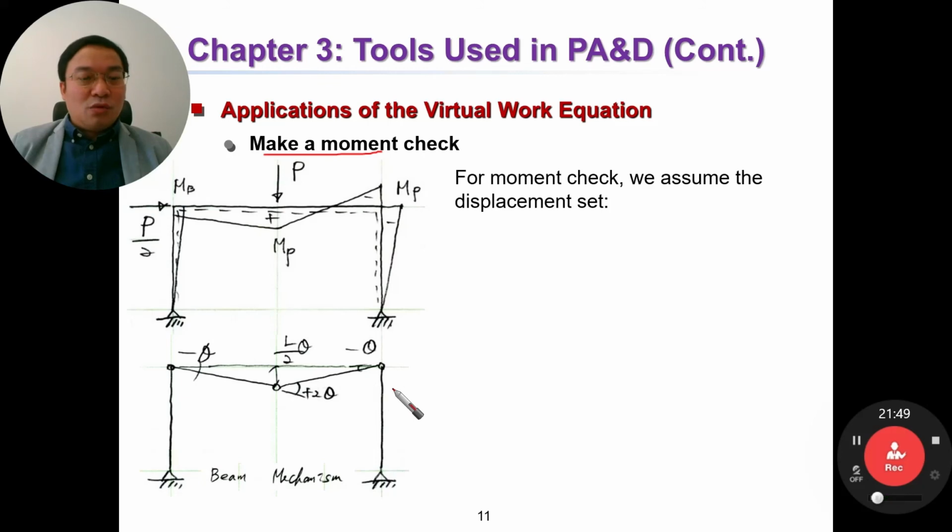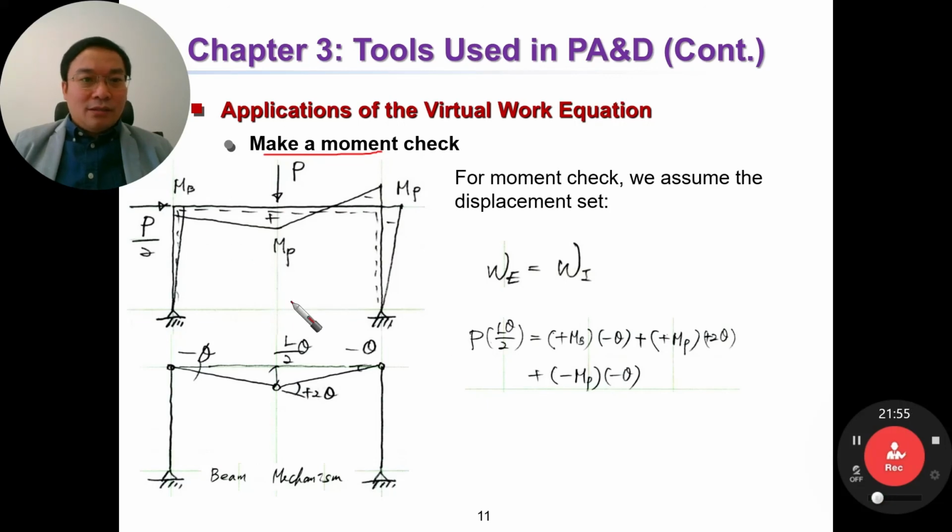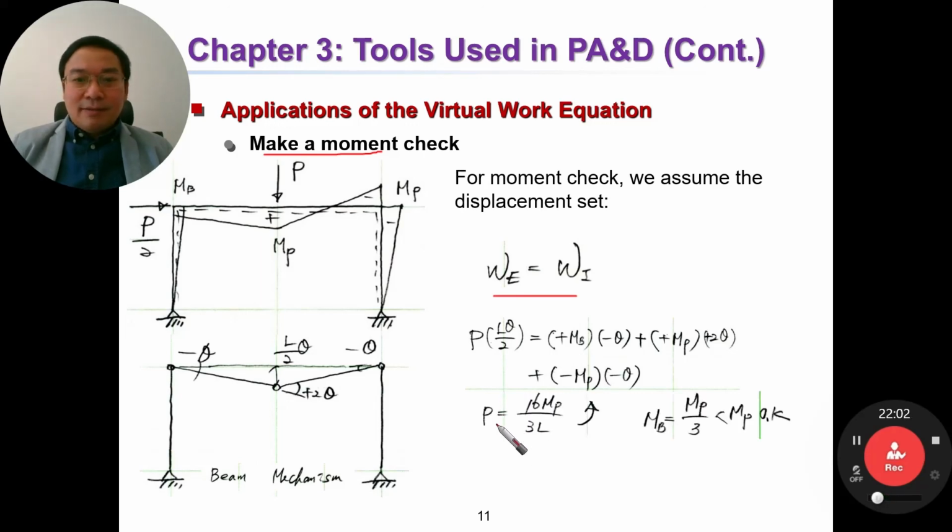You can assume a different beam mechanism by developing the virtual work equation like this. Then finally we have MB equal to MP over 3. It's smaller than MP, then okay, good.